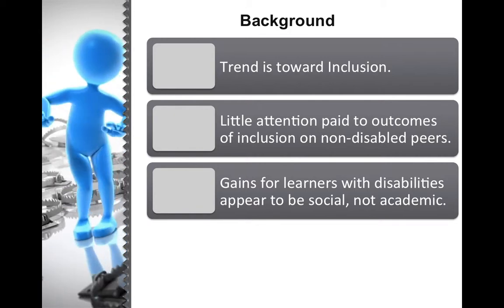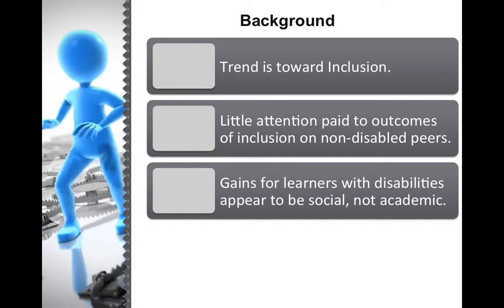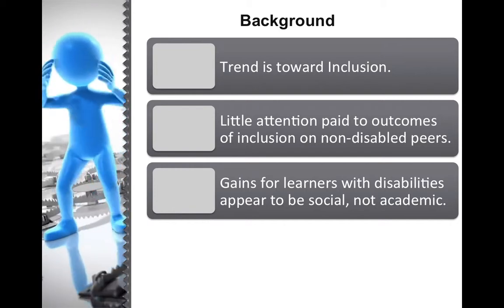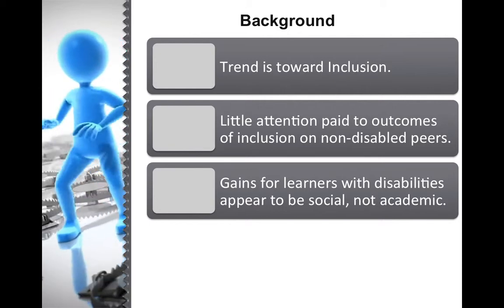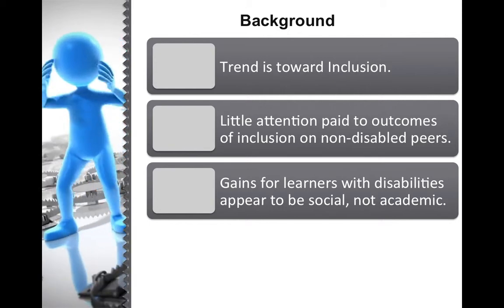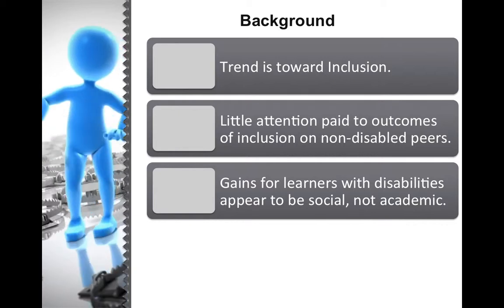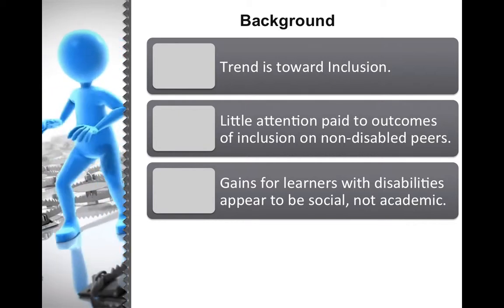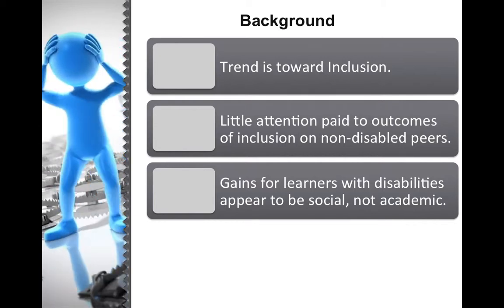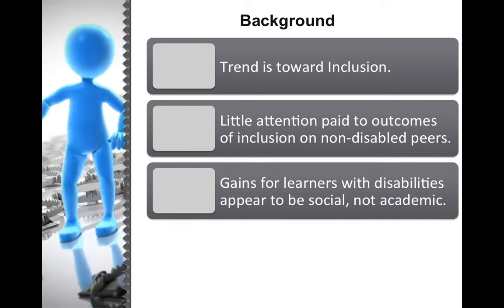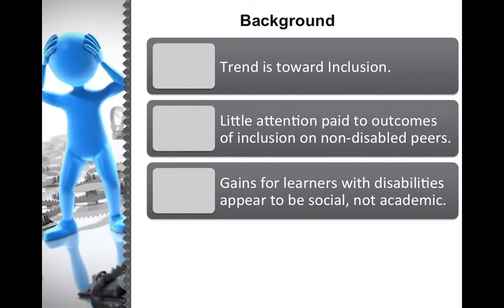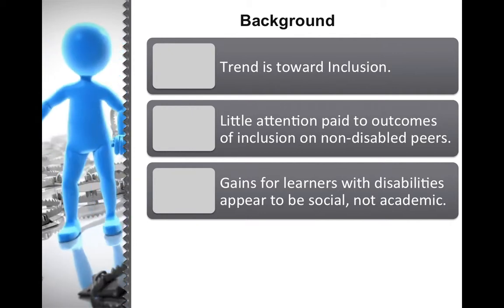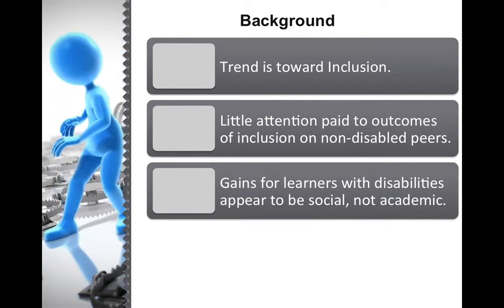And there's been very little attention paid to how non-disabled peers do in a full inclusive classroom. How are the best students doing in there? Do we want to have the best students suffer? Another thing is that for children with disabilities in a fully inclusive classroom, we have no research to show that they do better academically in there. We do know that there are social gains.